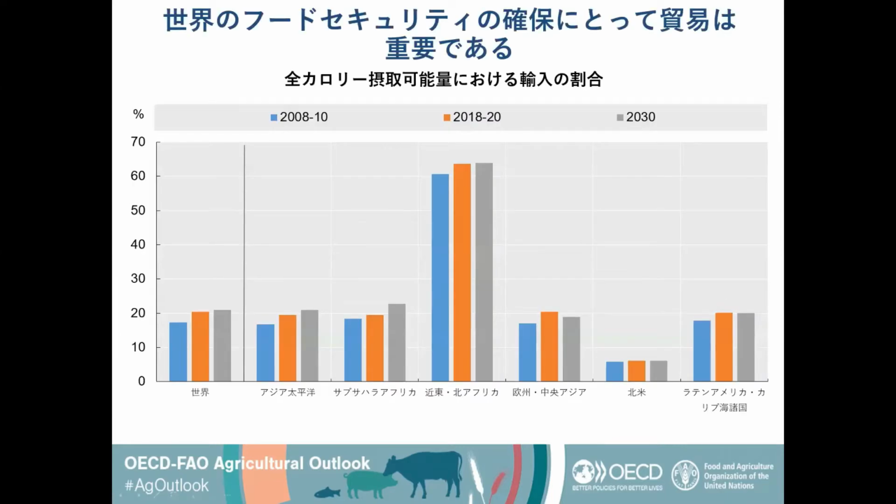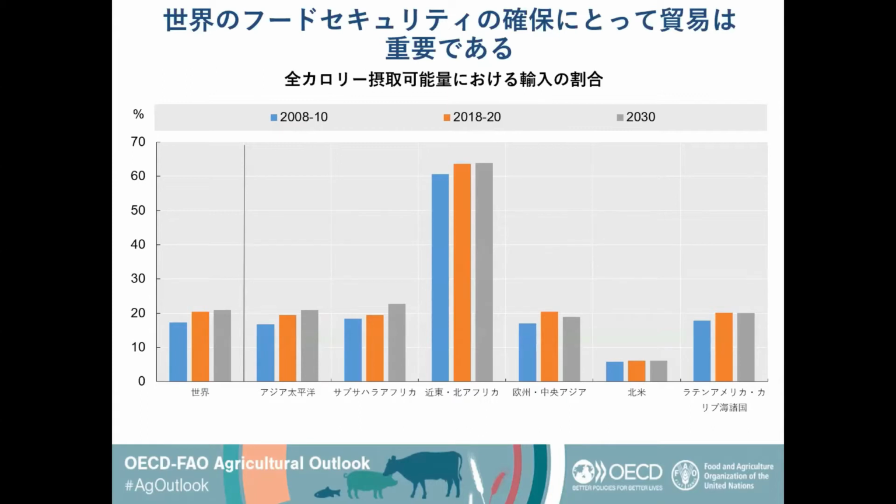So we are speaking now about trade. We started with this message last year: of the calories you consume roughly around the globe, a fifth or 20% have crossed the border. And that's quite equal around the globe.